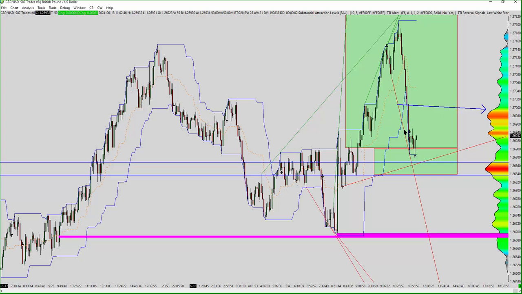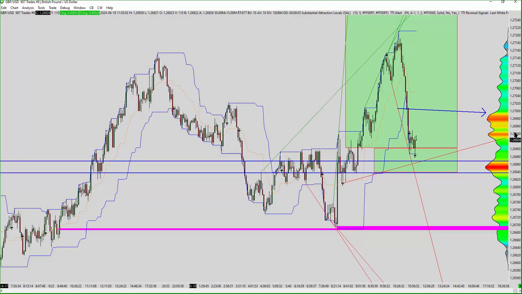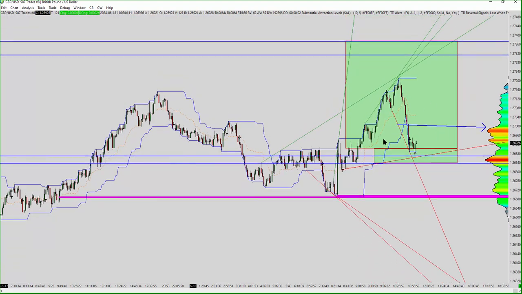On the first 2. So if I take my first target on the first 2 and leave the contract, leave the runner on, my runner is free, even if it gets stopped out later, because I'm targeting all the way up here. So I don't want to move it right away.